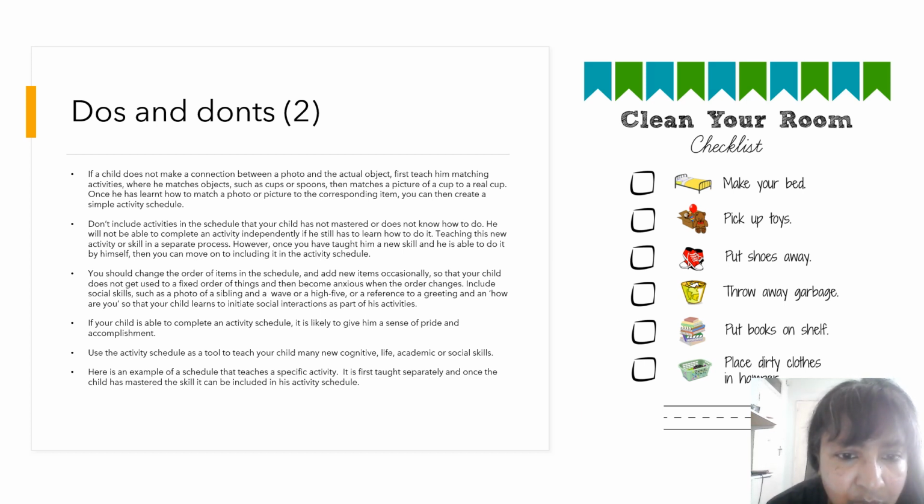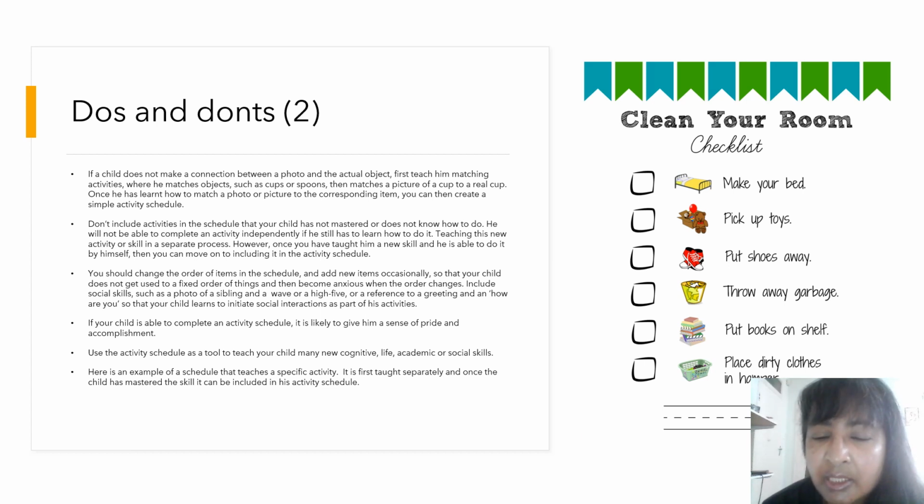Here is an example of a schedule that teaches a specific activity. It is first taught separately, and once the child has mastered the skill, it is then included in the activity schedule. So, clean your room: the checklist first is to make the bed, and then you teach how to make the bed, pick up toys and place them in a box or basket, put shoes away, throw away garbage, put books back onto the shelf, place dirty clothes into the laundry basket.